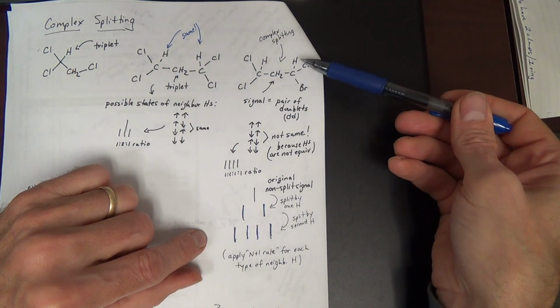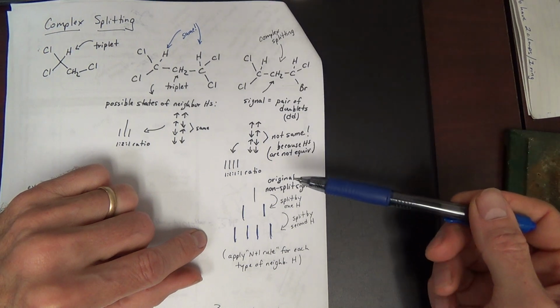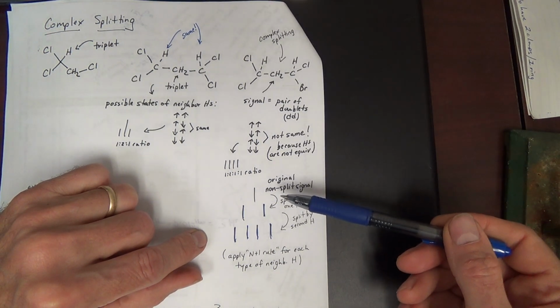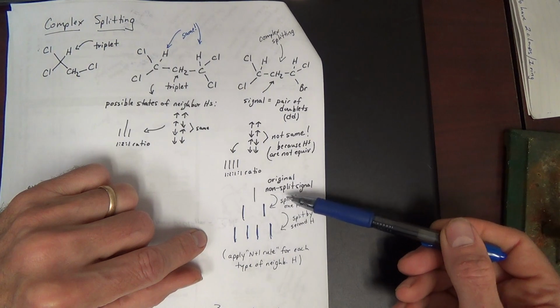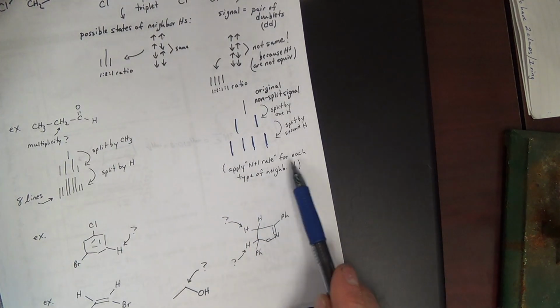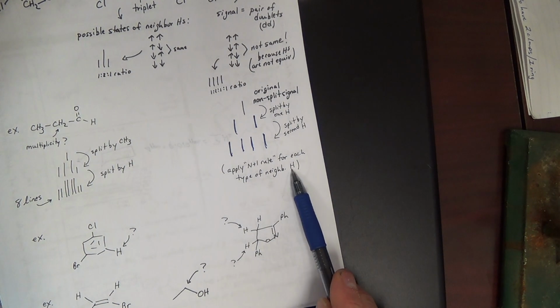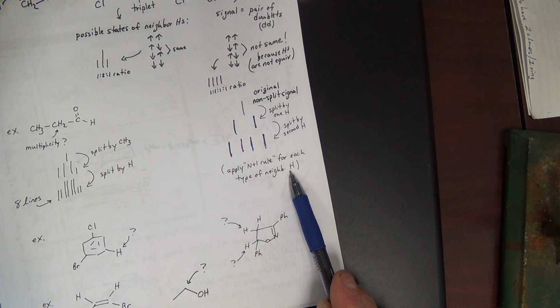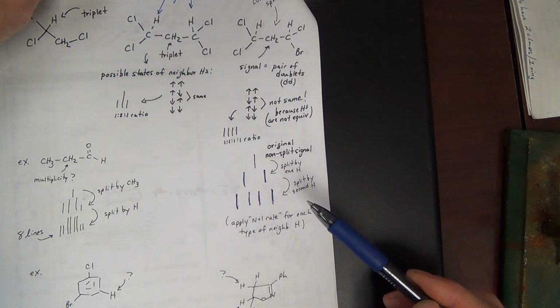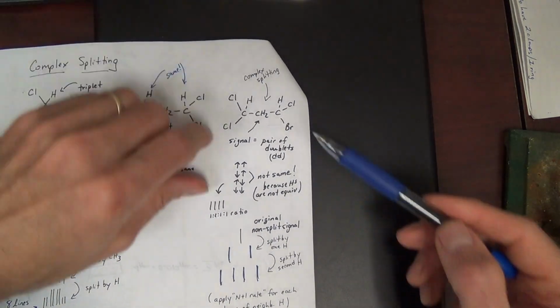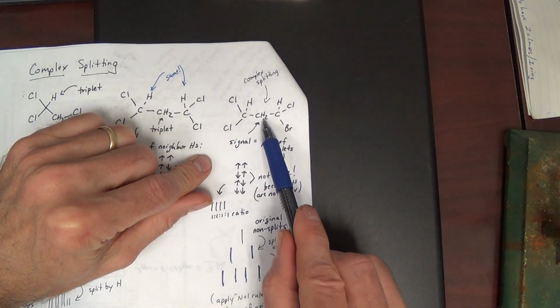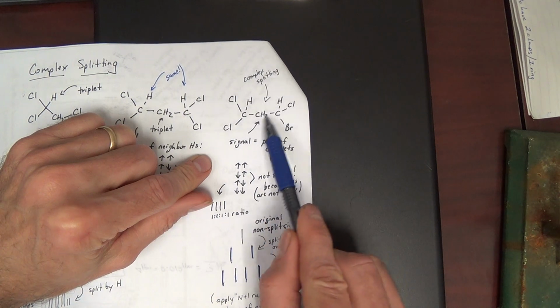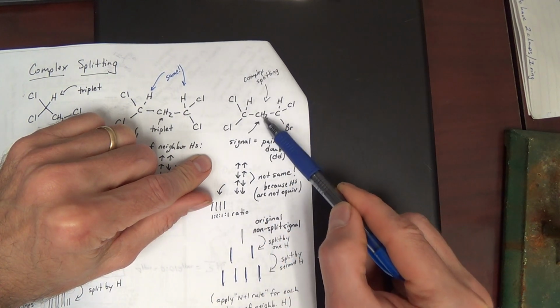Ultimately, non-equivalent H's split differently. You have to do the splitting twice. You apply the n+1 rule for each type of neighboring hydrogen. All right? You cannot combine these. Many students will look at this and say that should be a triplet because of 2 neighbors, and they would be wrong.